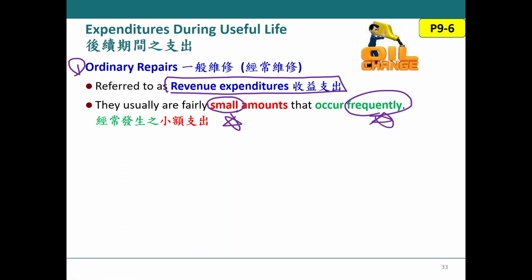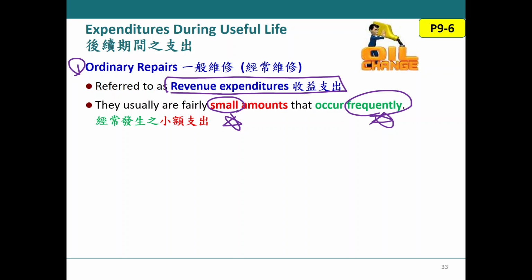Okay, so could you guess, when the money you spend is small money and happens quite frequently, usually do these kinds of situations have future economic benefit? Small money like what? You spend the money to change the oil.